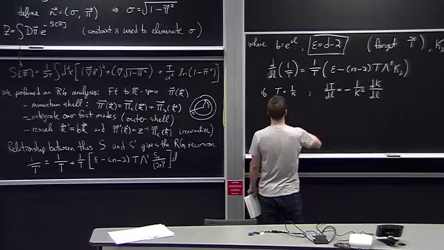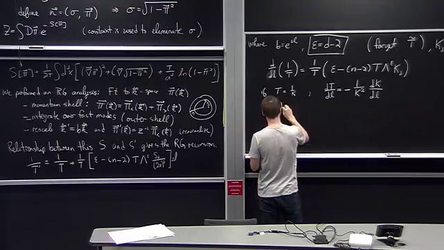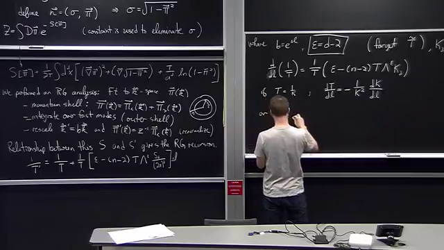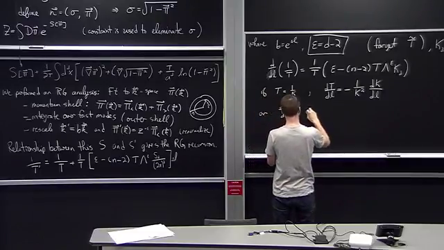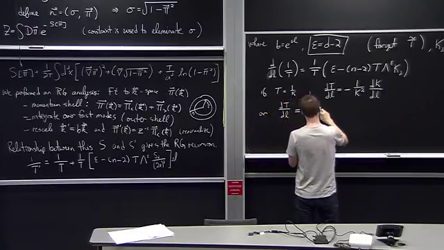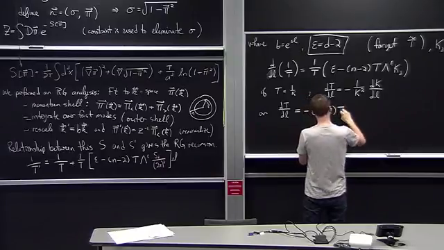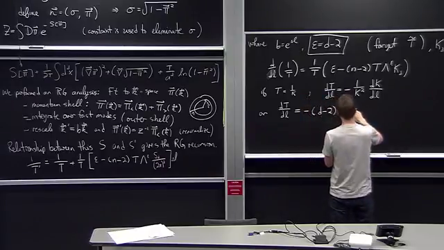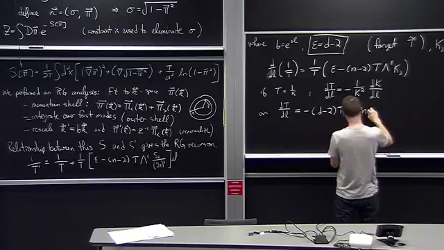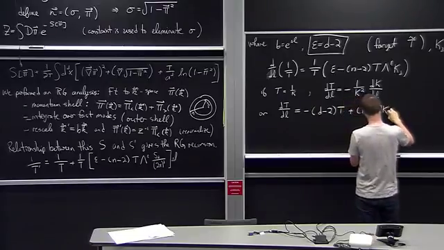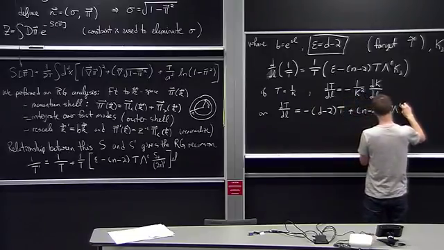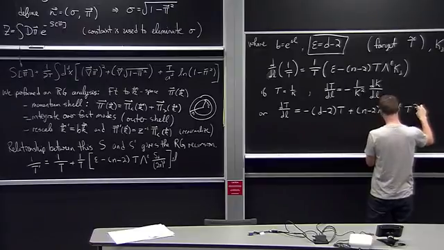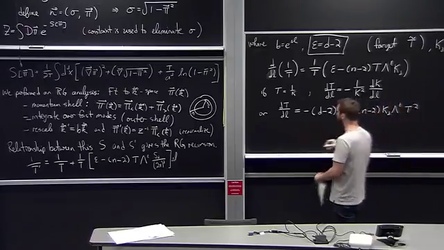So if I move this over, I should be able to write this as that epsilon. Now I have changed the sign, so it's plus n minus 2 cutoff t squared. So it should be t and t squared, right? Okay.